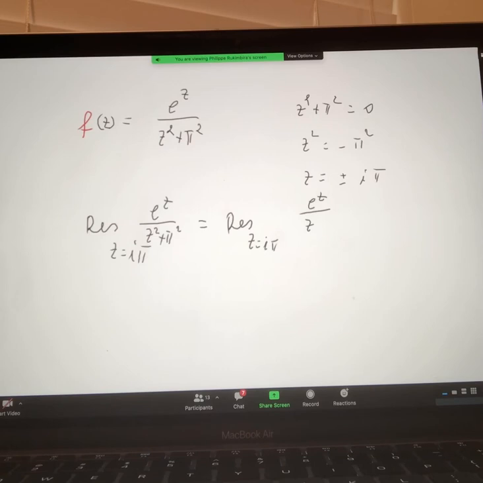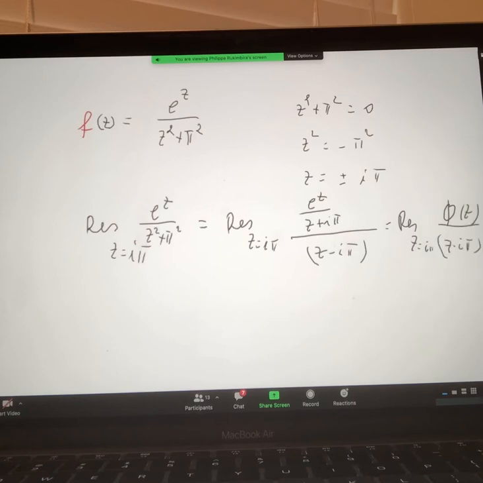So we get z plus i pi, times z minus i pi.